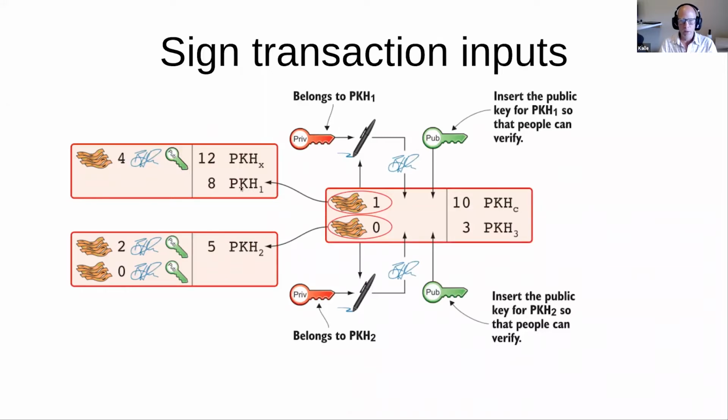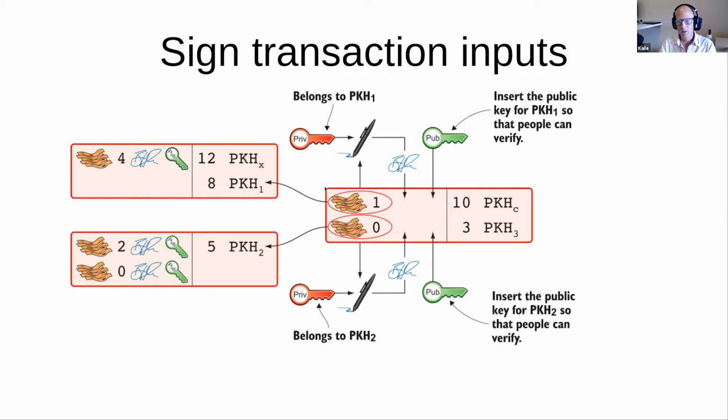And as you remember, each public key hash is associated with a private key that John has. So in order to be able to spend this output here, he needs the corresponding private key, which is this private key here, which belongs to public key hash 1.